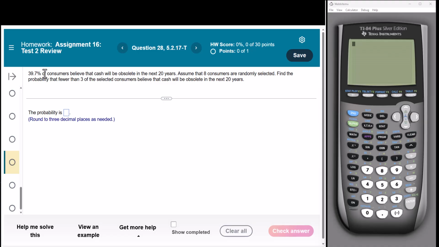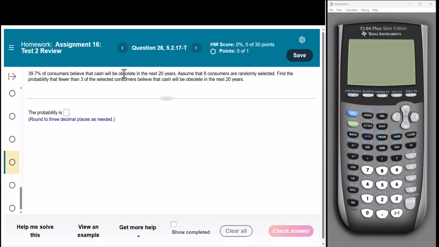The next thing that we're going to have to think about is what is X? X is what you're looking for. If it says the probability of exactly 3 people saying something, then X would be 3. But note this one says they want to know the probability that fewer than 3. Fewer than 3 can either be 0 people believe that, 1 person believes that, or 2 people believe that.